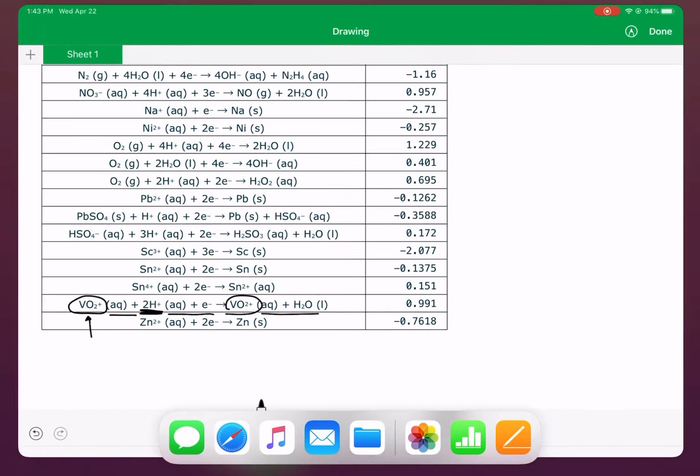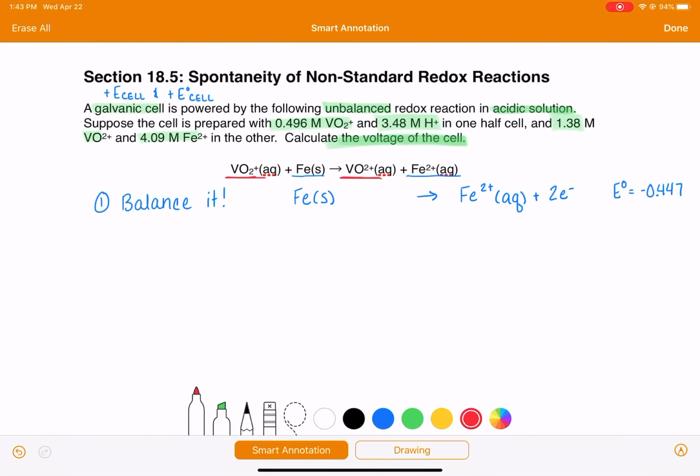VO2+ aqueous plus 2H+ aqueous plus 1 electron makes VO2+ aqueous and H2O liquid. And the voltage for this was positive 0.991.